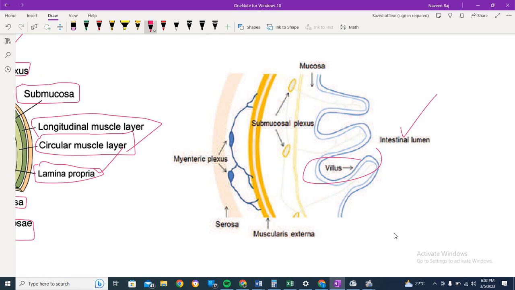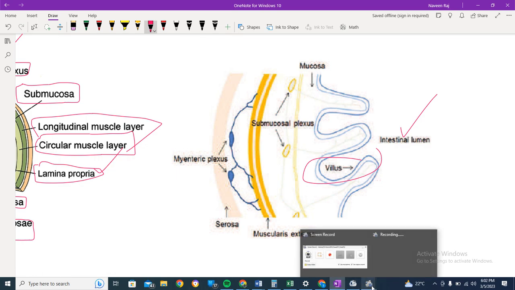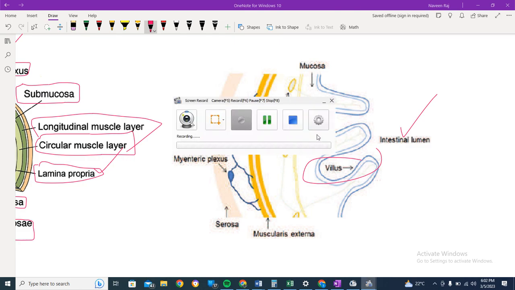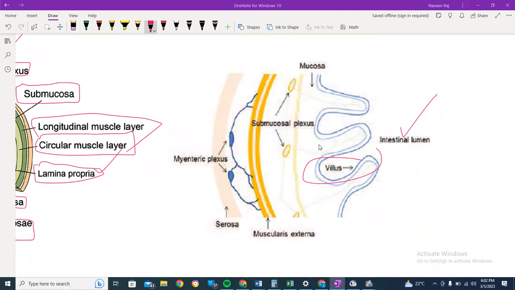After the intestinal lumen, where the food flows, we have the villus, which we have studied as responsible for the absorption of food from the cells, toward the upper section of the stomach or the intestine.